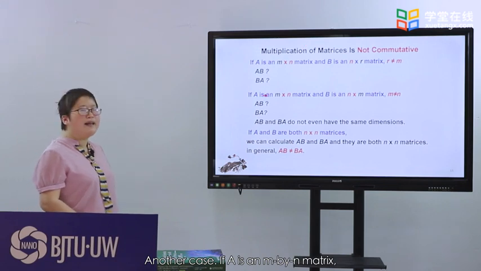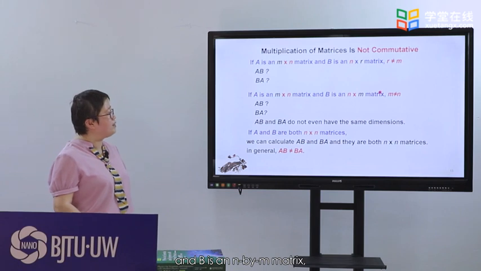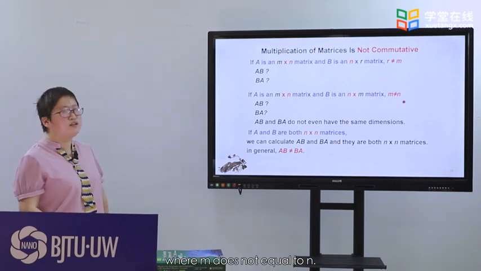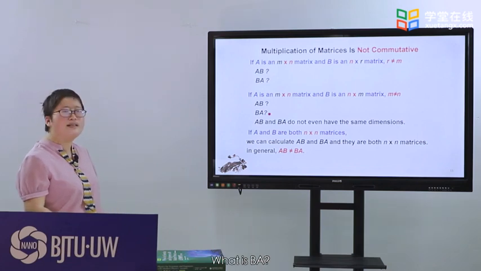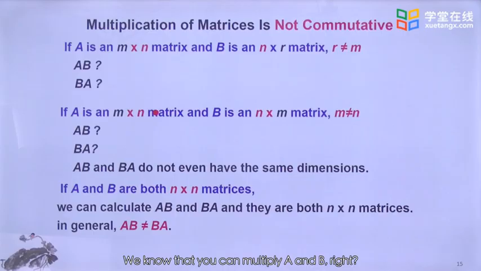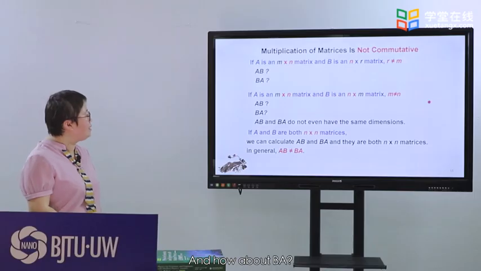Another case: if A is an m by n matrix and B is an n by m matrix, where m does not equal n, then what is A times B? What is B times A? We know that you can multiply A and B, right? Because A times B should be an m by m matrix, a square matrix. And how about BA?